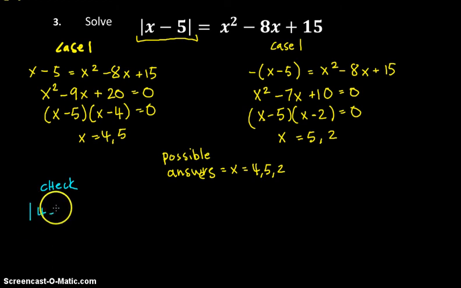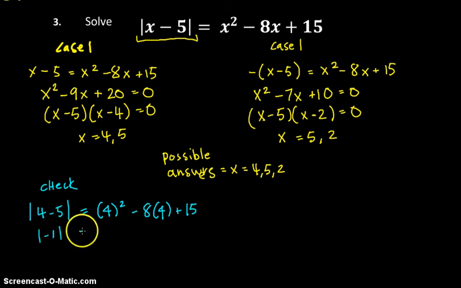It would be the absolute value of 4 minus 5, equals 4 squared minus 8 times 4 plus 15. So I get the absolute value of negative 1 equals 16 minus 32 plus 15.